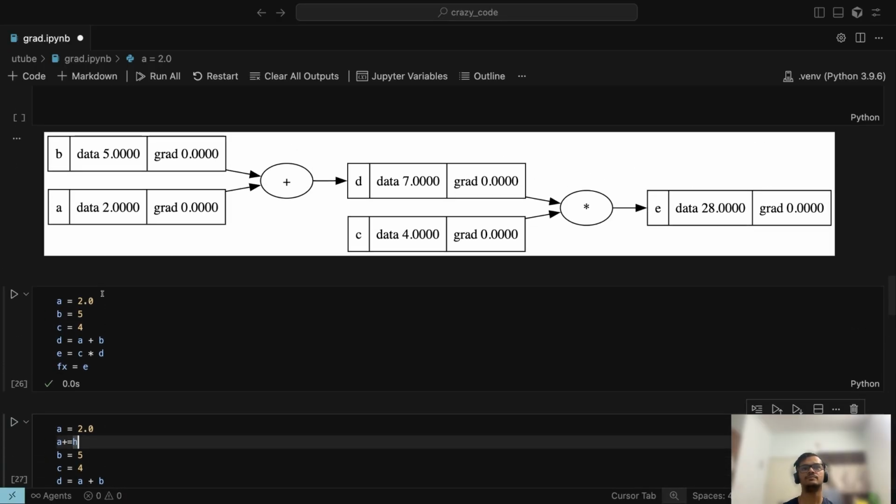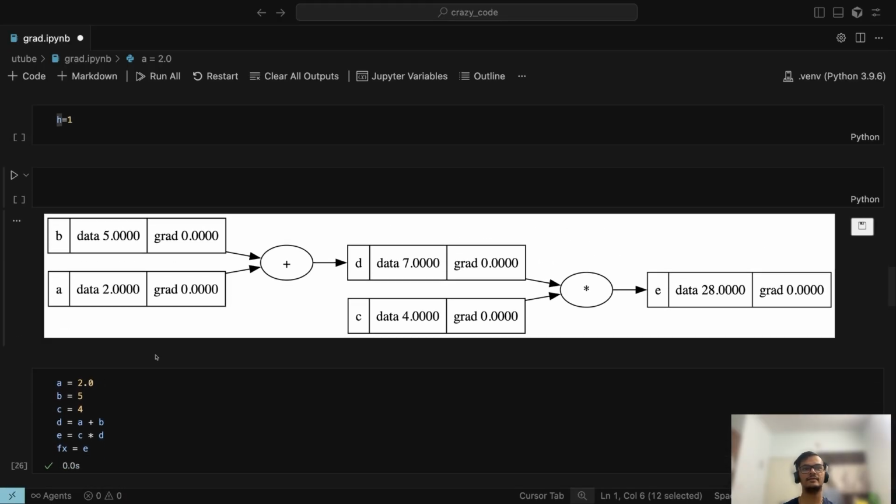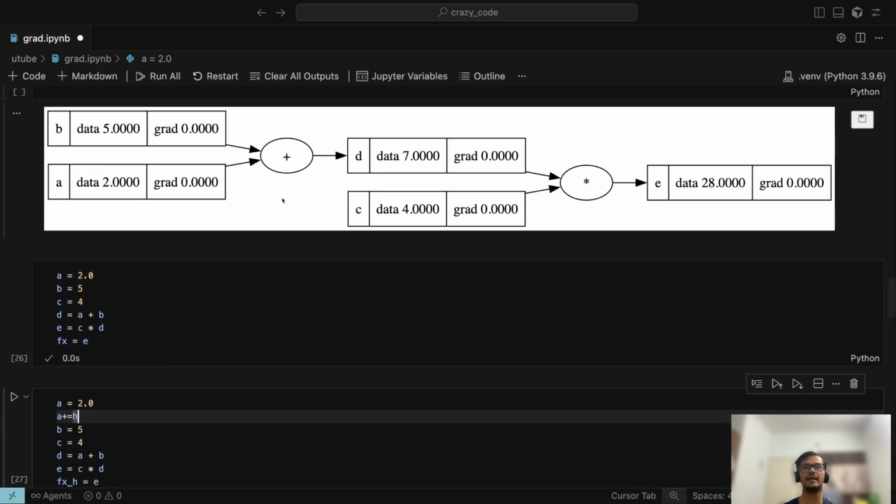Now our goal is to find the gradient, or the rate of change, at each variable here, so that we can know the impact it will have on e. Why do we need that? In backpropagation in neural nets, it is very important to know this so that we can improve the loss.